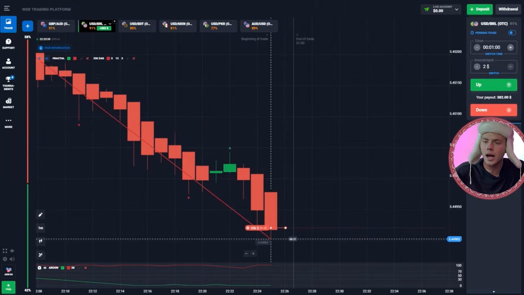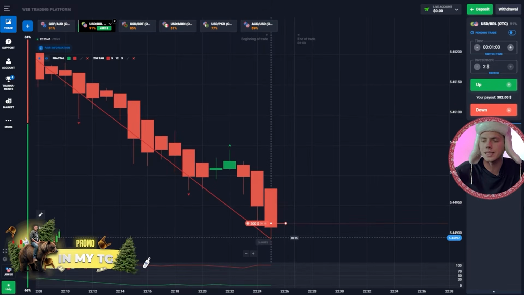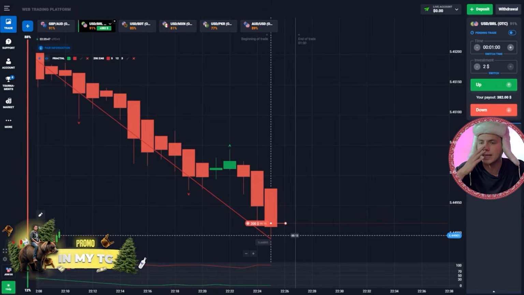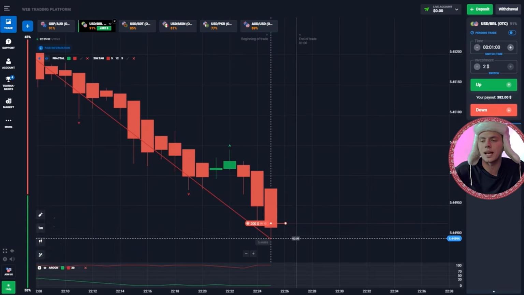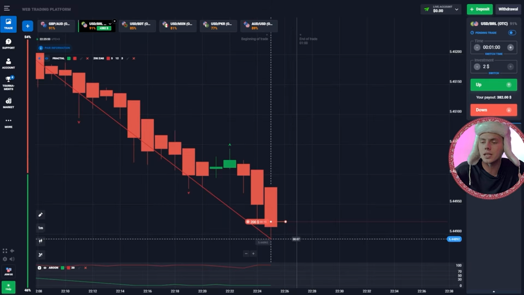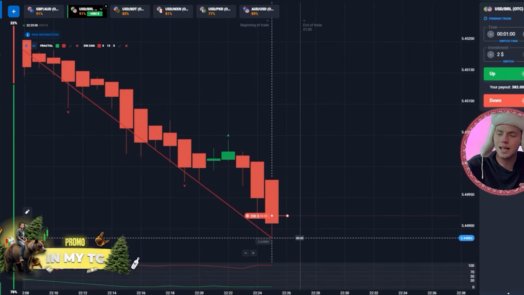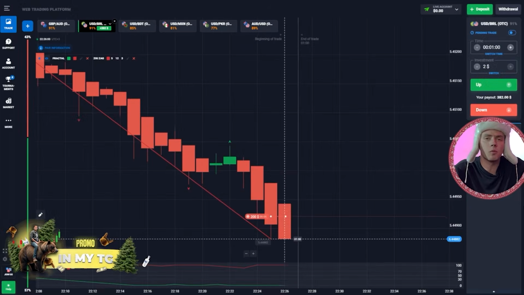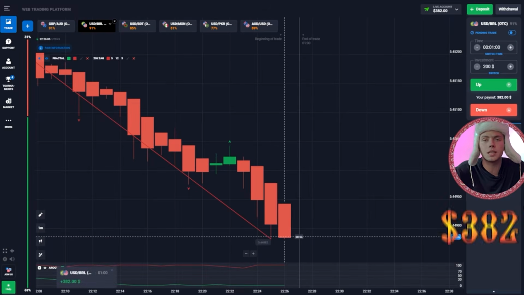All right, what else can I say here? Fractal, if you take a look at Fractal as well, you will see that we're still going down, and zigzag is also telling us, this line is telling us about the down-going trend. So in summary, all these indicators are telling us that we have a pretty obvious, strong and clear direction down, which means that we have picked the right moment.